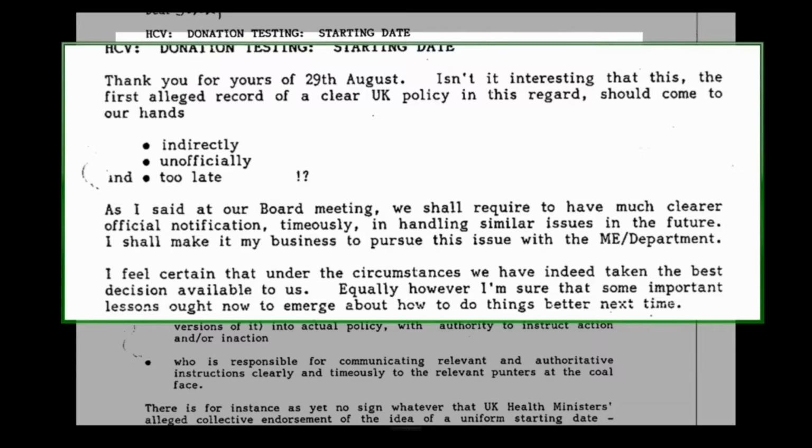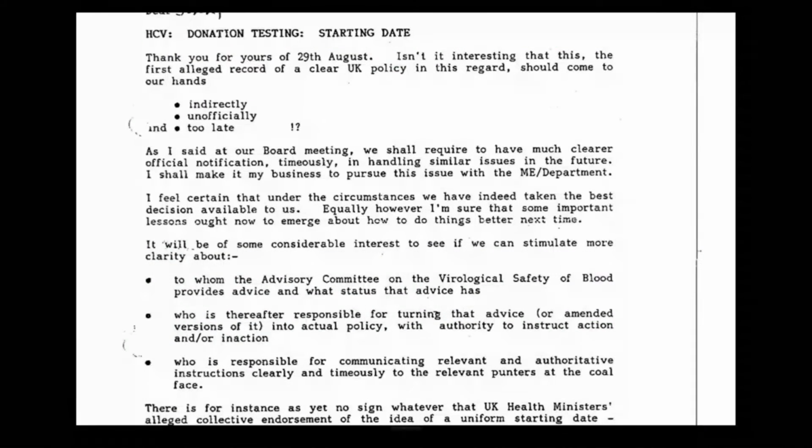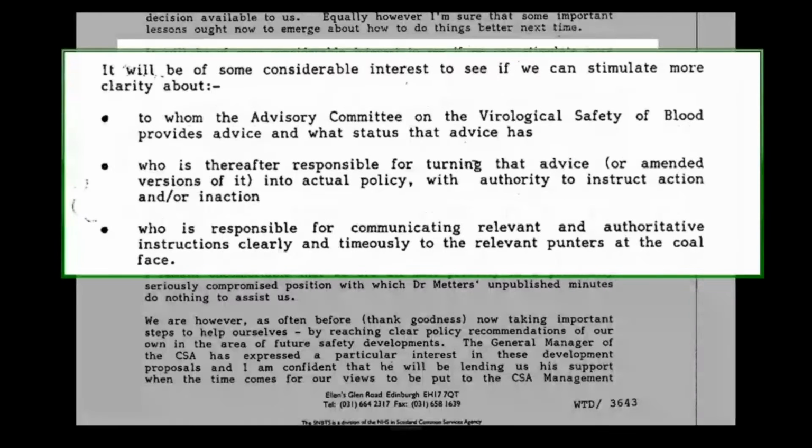And then if we skip down a couple of further paragraphs, he says, it will be of some considerable interest to see if we can stimulate more clarity about to whom the Advisory Committee on the Virological Safety of Blood provides advice and what status that advice has, who is thereafter responsible for turning that advice or amended versions of it into actual policy with authority to instruct action and or inaction, and then thirdly, who is responsible for communicating relevant and authoritative instructions clearly and timelessly to the relevant punters at the coal face.